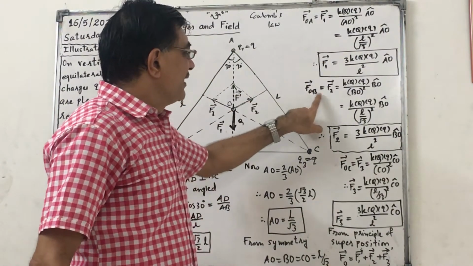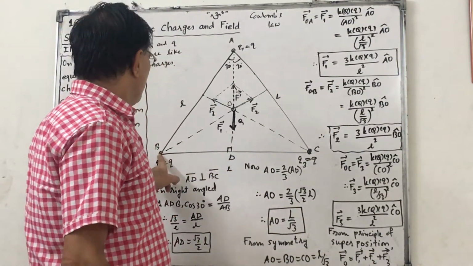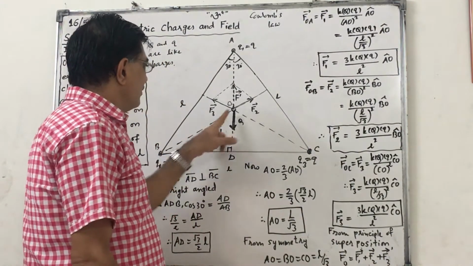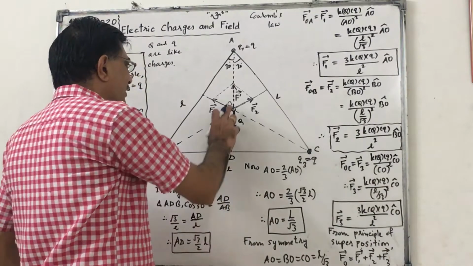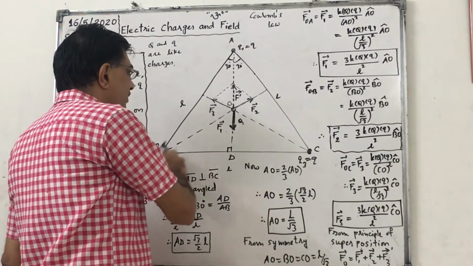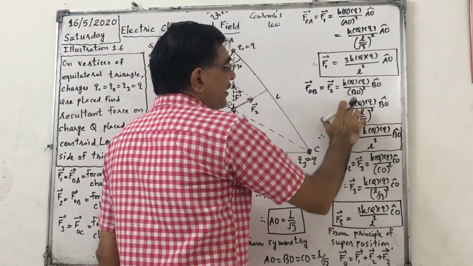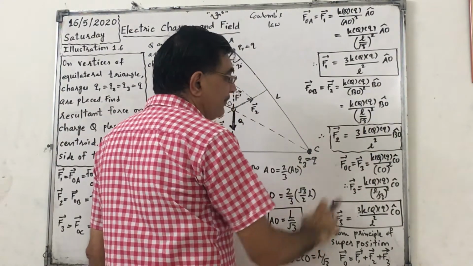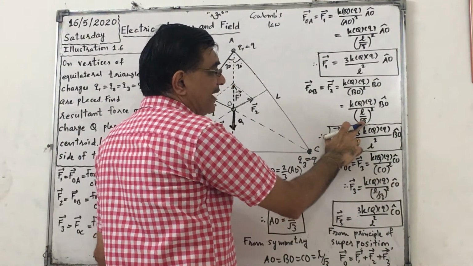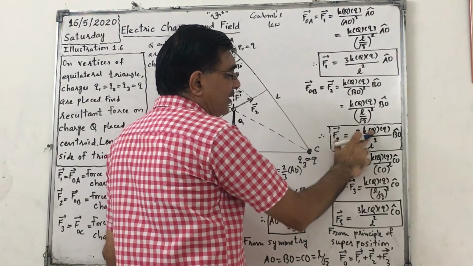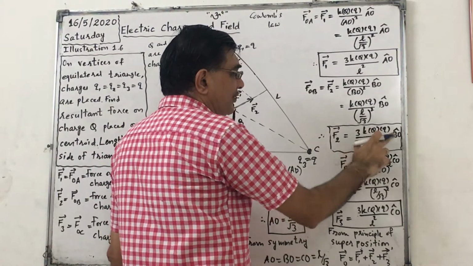Now F on O by B, that is F2. The force offered by this charge on capital Q is K capital Q small q upon BO square into this direction, BO cap. Again putting BO equals l by root 3, root 3 square will be 3. So 3 K Q q upon l square into BO cap.